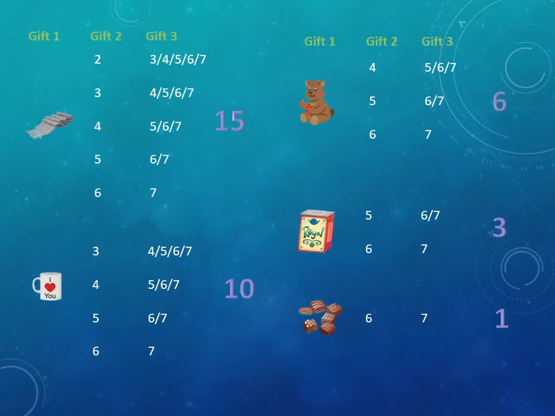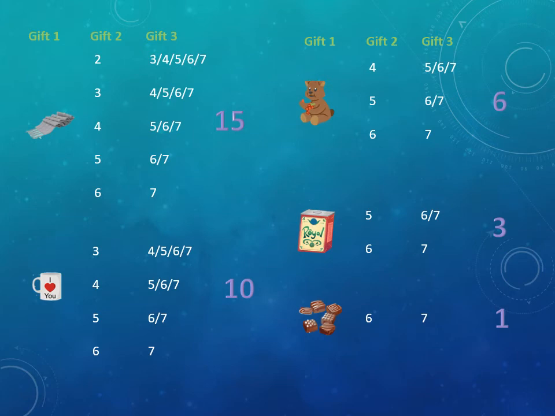So without the formula, let us look at how we got to the answer of 35, and what the different combinations are. Let's say for our first gift we chose the scarf, which was object number 1. For our second gift we chose number 2, which was the mug, which means for our third gift we could have chosen from objects 3, 4, 5, 6 or 7.